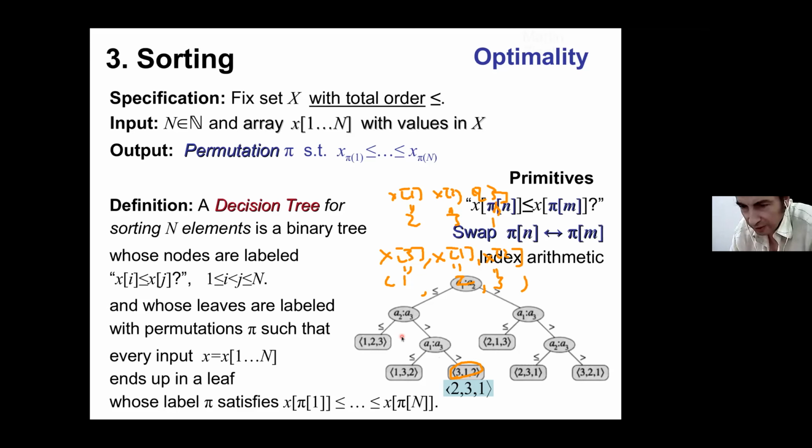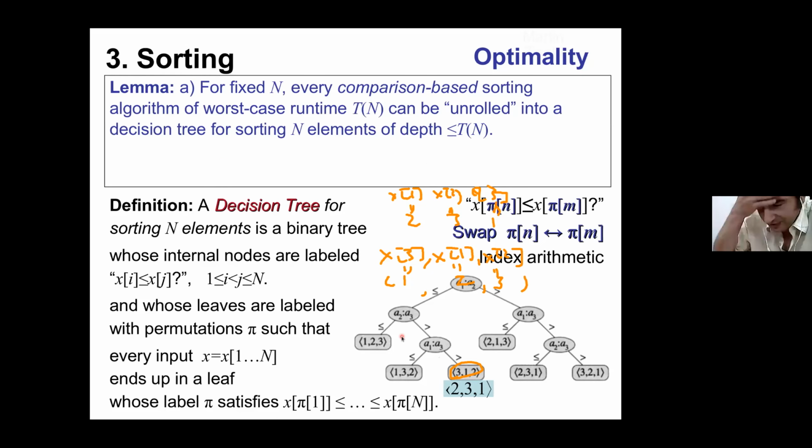Now here comes a lemma: for fixed n, every comparison-based sorting algorithm, meaning an algorithm which uses this sort of comparison, of worst case running time T(n) can be unrolled into a decision tree for sorting n elements of depth at most T(n).